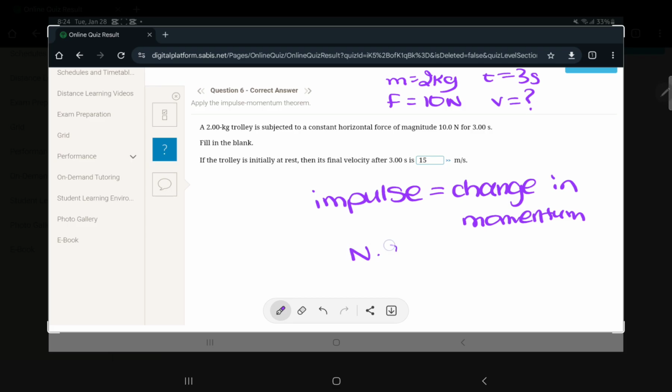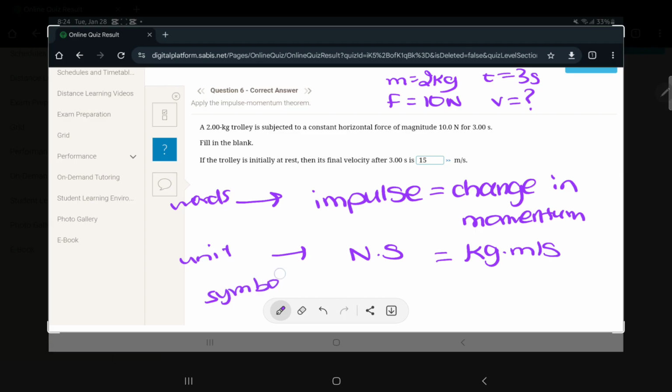It's newtons times second, and the unit of momentum is kilograms times meters per second. Now these are the words. Don't get confused between words, units, and symbols. What are the symbols? J is equal to the change, delta P.